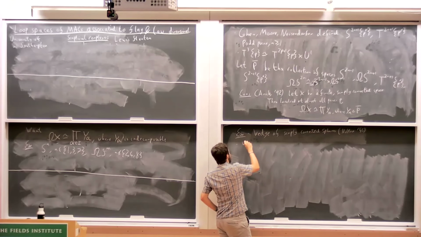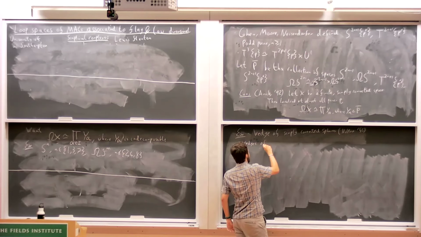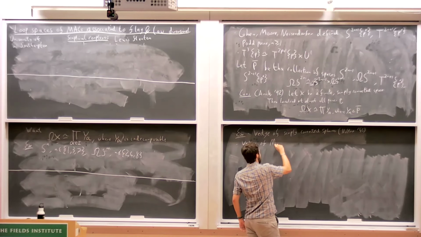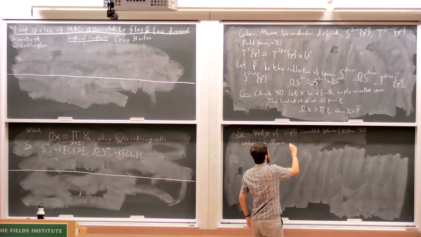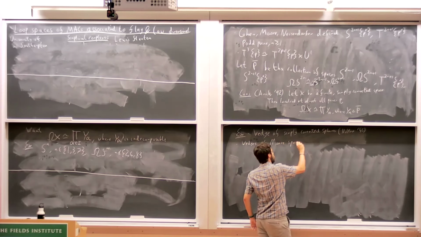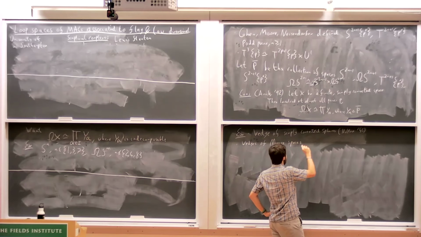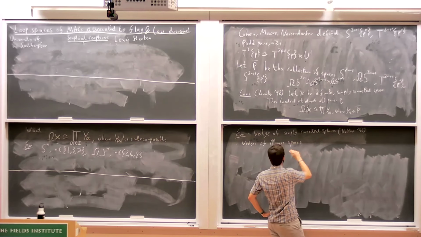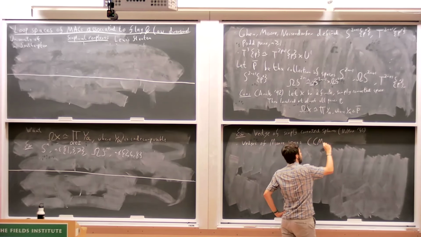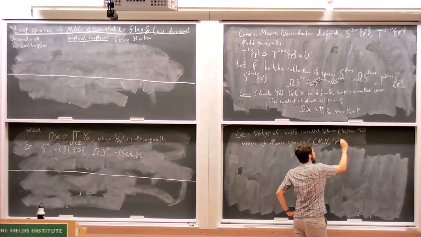And then this result of Cohen, Moore, and Eisendorfer verified this for wedges of Moore spaces, which are kind of a torsion analog of spheres, where they just have a single non-trivial reduced homology group, which is Z mod P to the R. This was proved by Cohen, Moore, and Eisendorfer in '79.